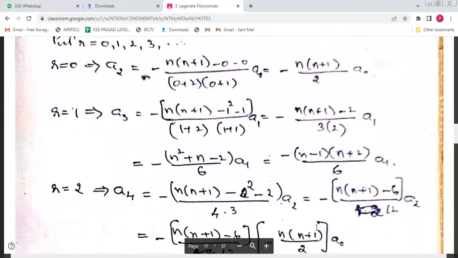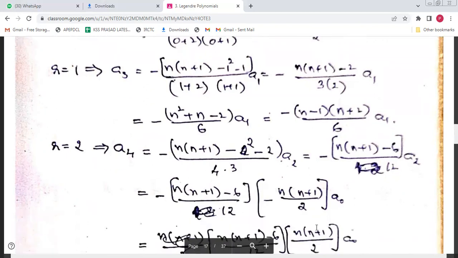When r equal to 2, we get a4, that is equal to minus [n(n+1) - 2² - 2] divided by 4 into 3 times a2. So this is equal to minus [n(n+1) - 6] divided by 12 times a2. What is a2?